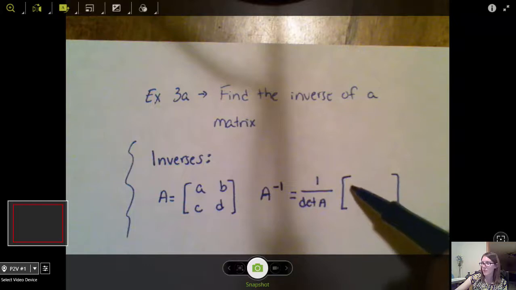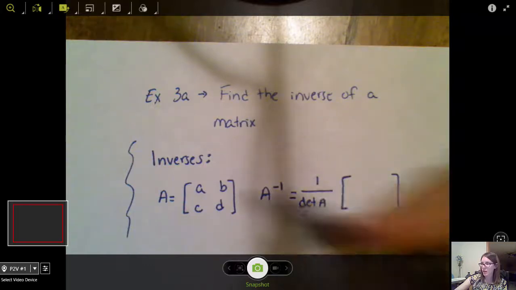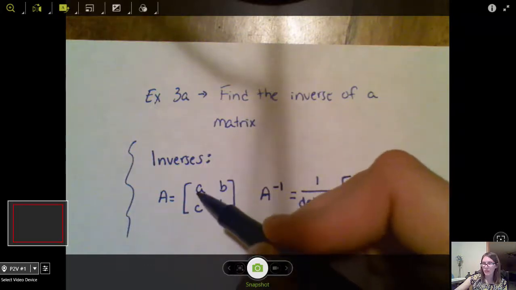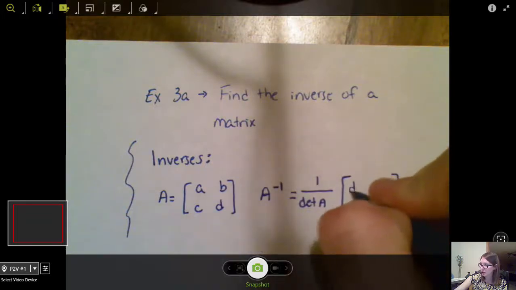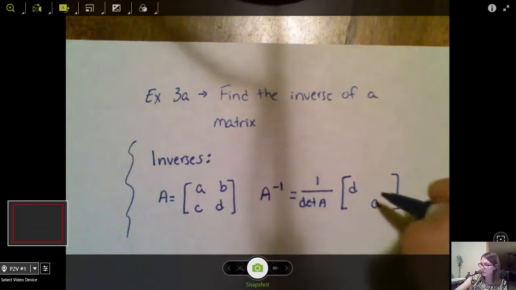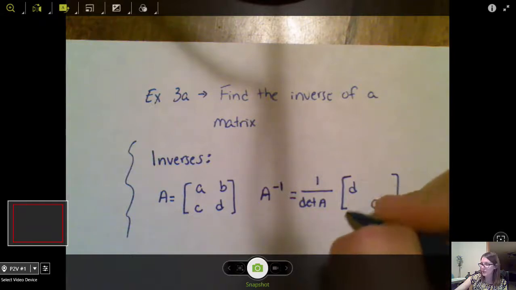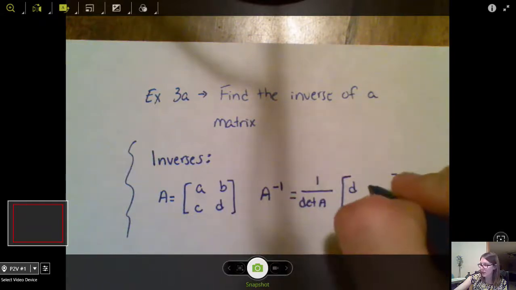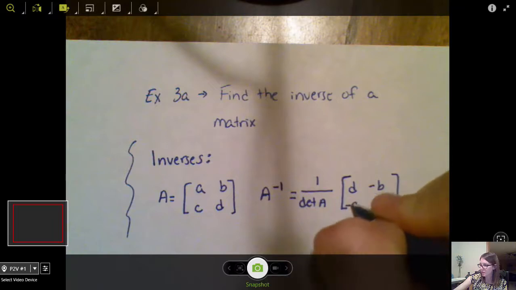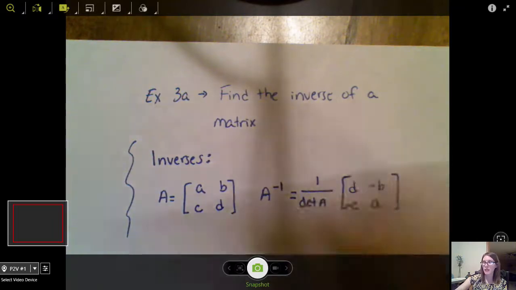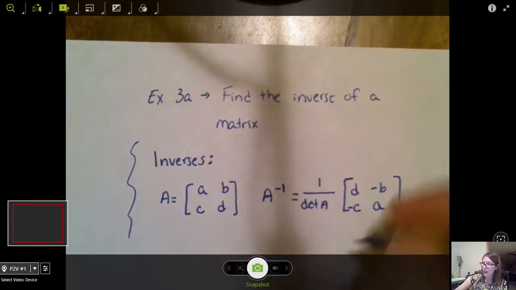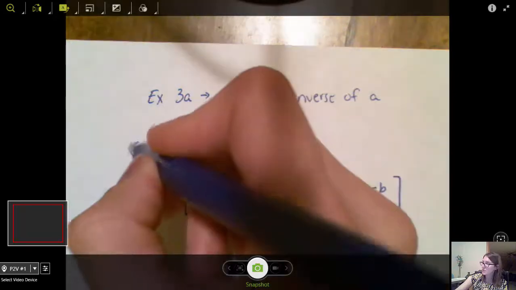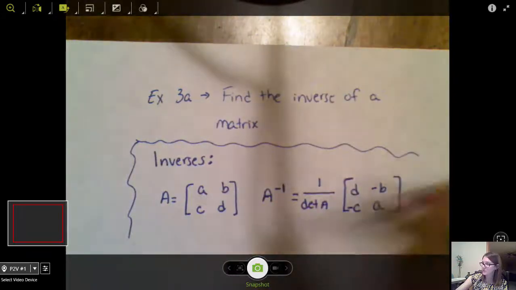So in our inverse matrix, my diagonals swap places. So I'd have D here and A here. B and C stay in the same place, but we take the opposite signs. Opposite of B and opposite of C. And that's how we are ultimately going to get our inverse matrix.